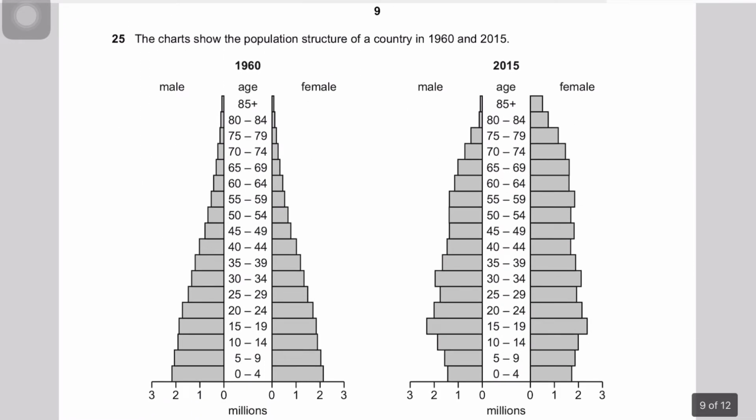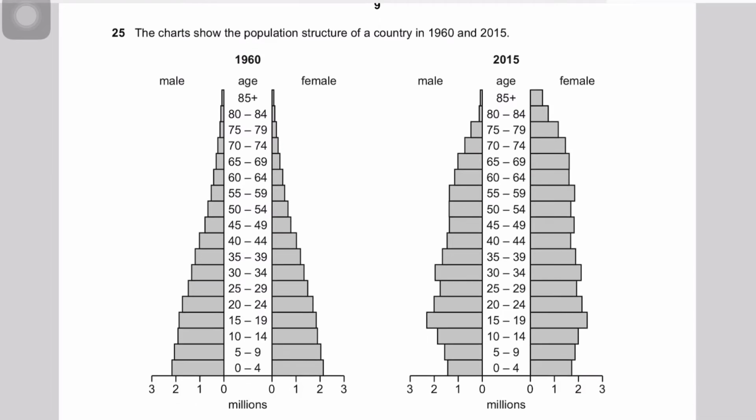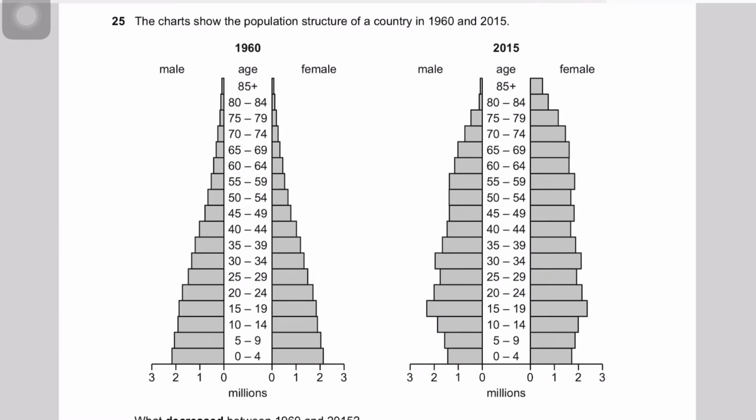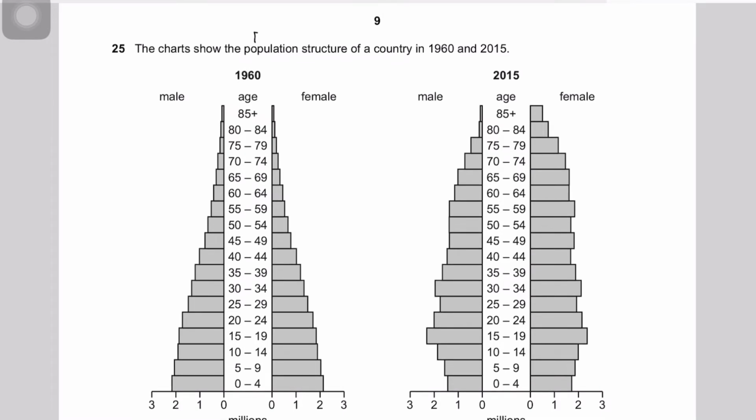Question 25: a population structure is given for a country in 1960 and 2015, right? It's a population pyramid, also known as a population structure. So what is it doing? It is measuring your total population and dividing it into males and females, into two different genders, of different ages, right?